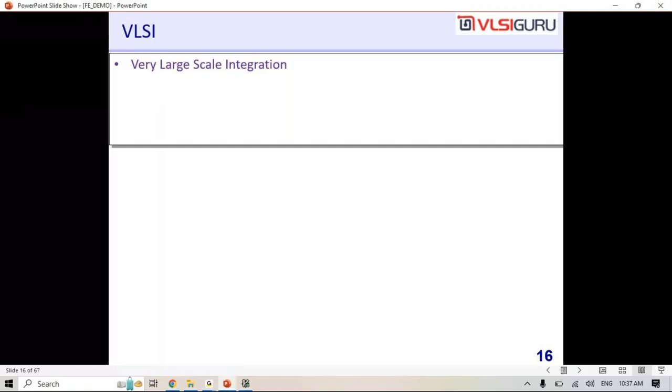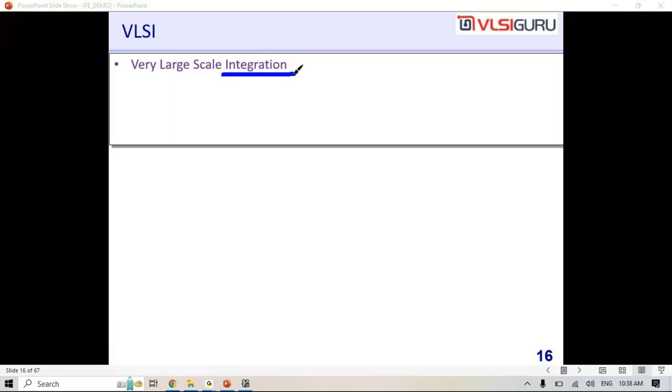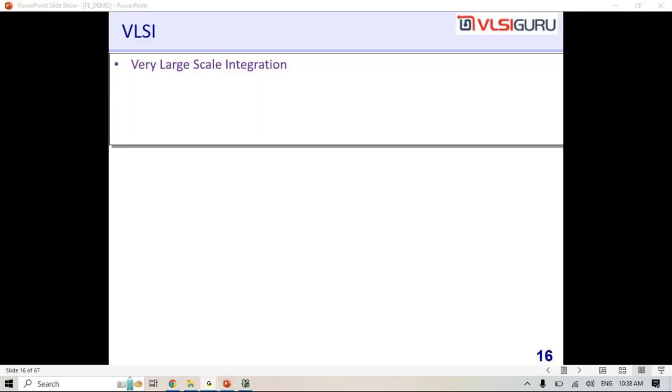VLSI stands for what? Very large scale integration. What are we integrating? Integration means what? Putting together, right? Let's take a simple example. In a house construction, what are you putting together to construct the entire house? Bricks.